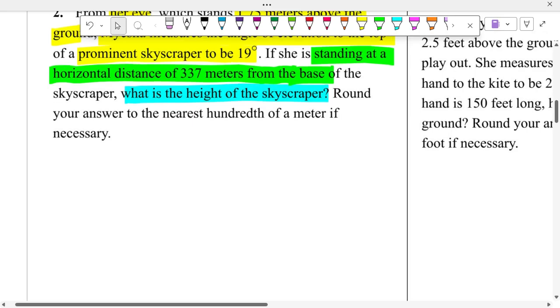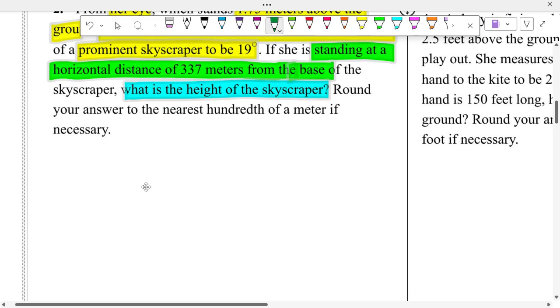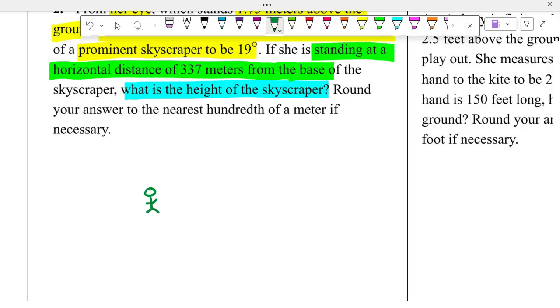All right. So we start by just drawing the 2 pieces that we got. So we got some person, and then we got a skyscraper. So it's from eye level to the top of the skyscraper. So will I draw my hypotenuse starting down here or here? We'll draw it from her eye level. So we go from her eyes to the top of the skyscraper.